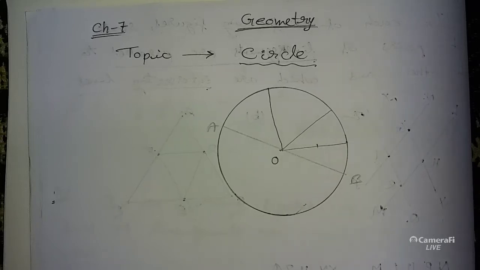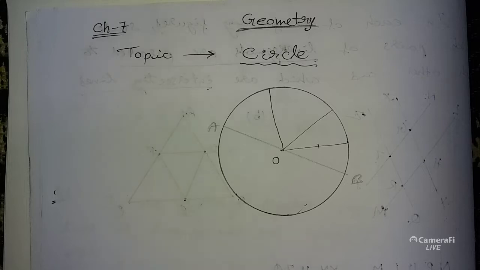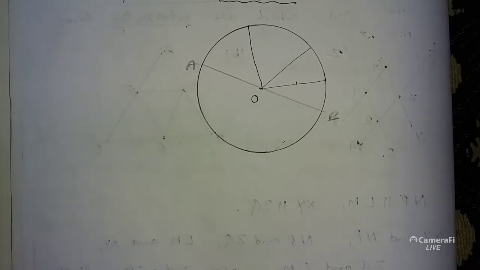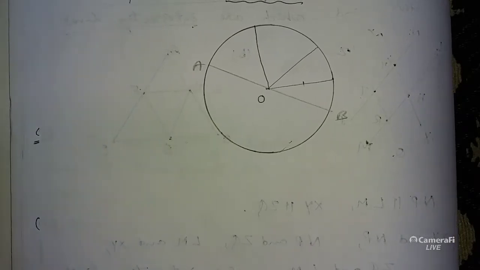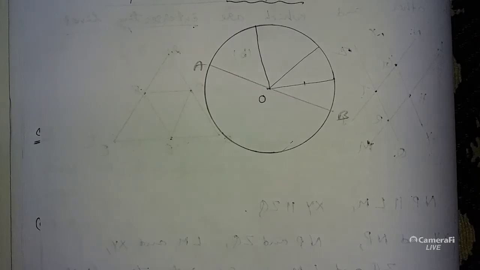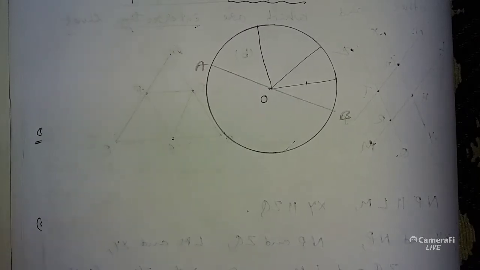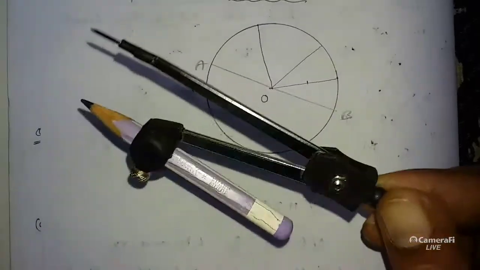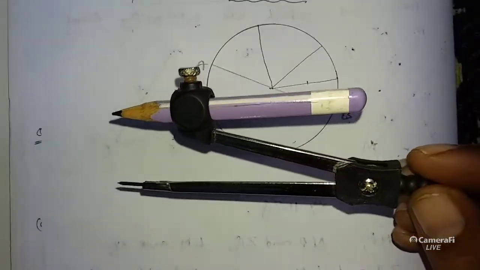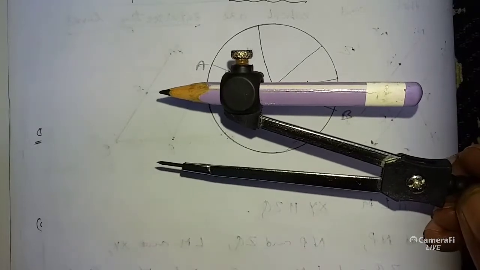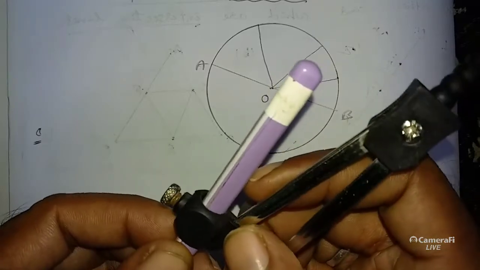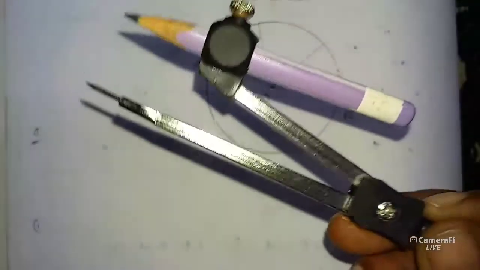Now let me show how to draw a circle. How can we draw a circle? To draw a circle, this type of round figure, we will use a compass. This is a compass, and I have attached a pencil to it. This instrument is called a compass, and with this we can draw a circle. You should take any given length as the measurement.